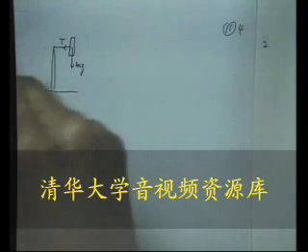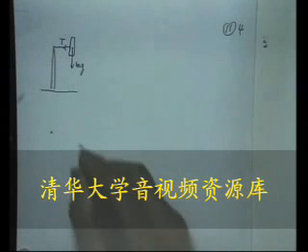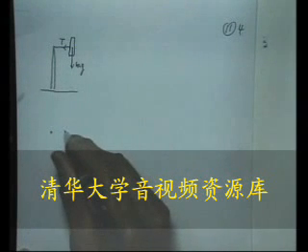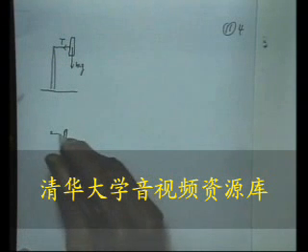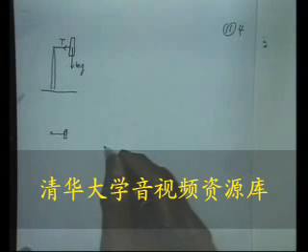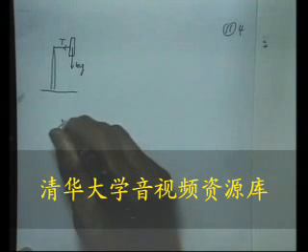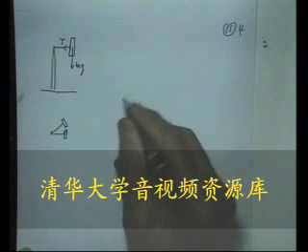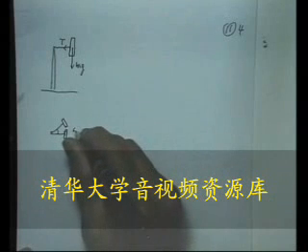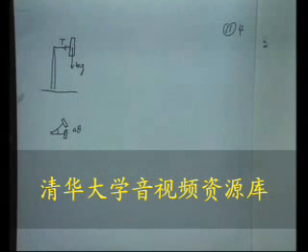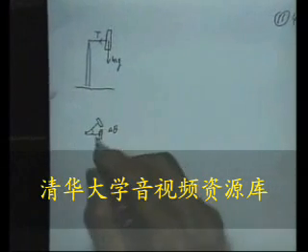Now let us look from the top down. So this is the point, and this is the body. After delta t, it rotates this way, through an angle delta theta. Let us take this point to be the origin.